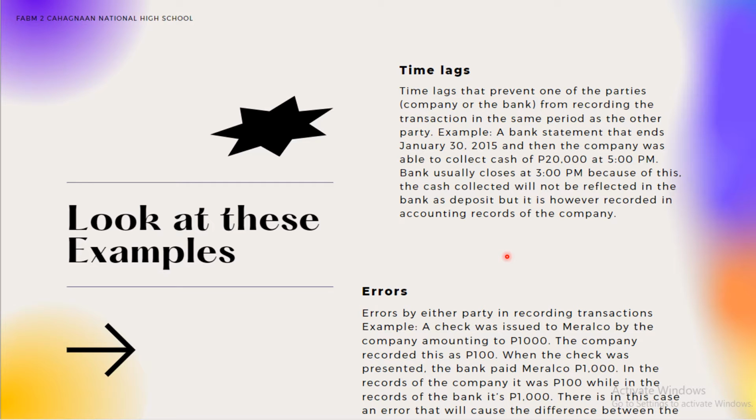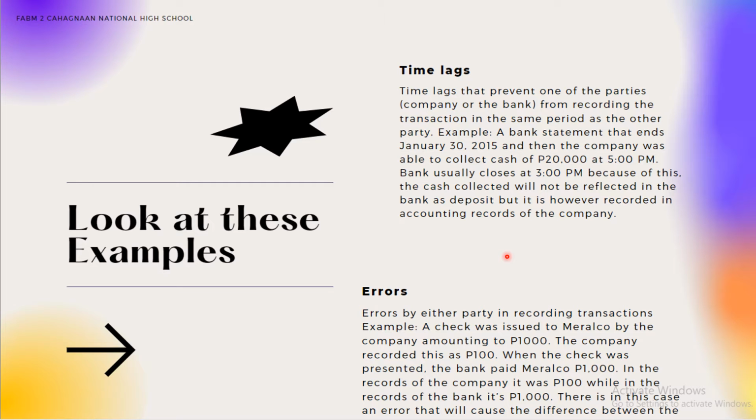Kadalasan, karamihan ng mga bangko ay nagka-close ng 3 p.m. Because of this, the cash collected will not be reflected in the bank deposit, but it is, however, recorded in the accounting records of the company. Okay, naintindihan nyo ba? Or nakuha nyo? So, let's say like this.